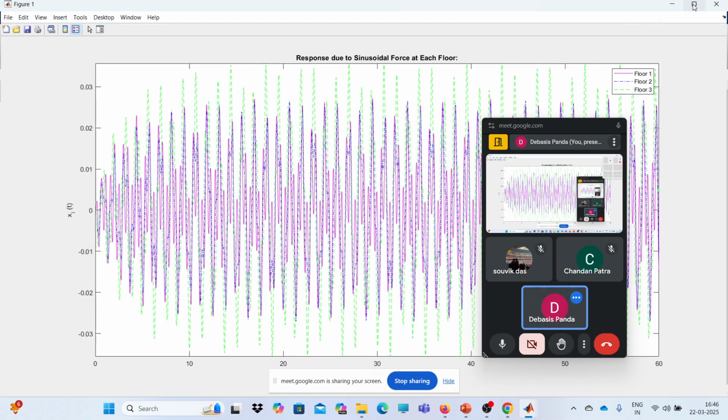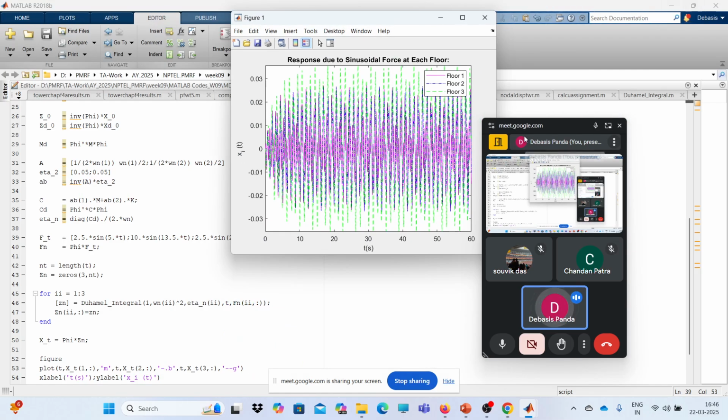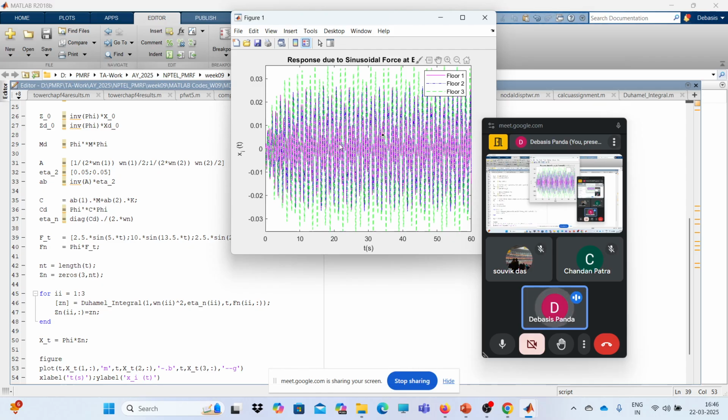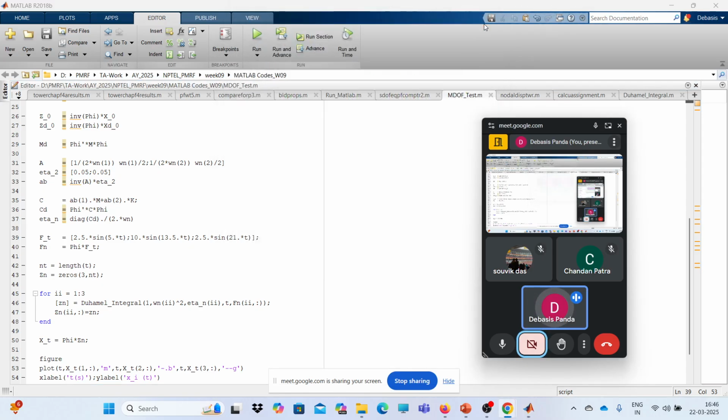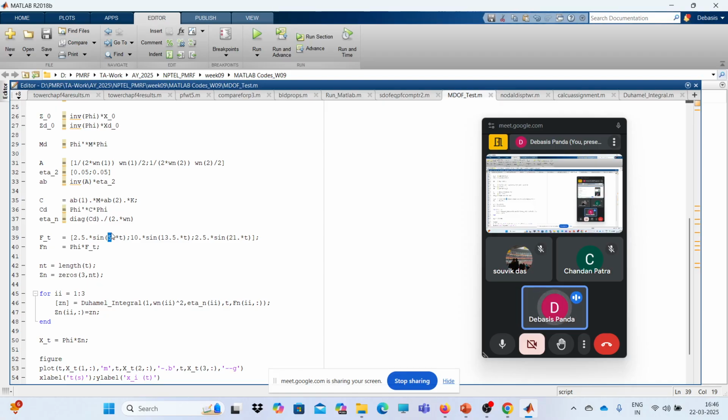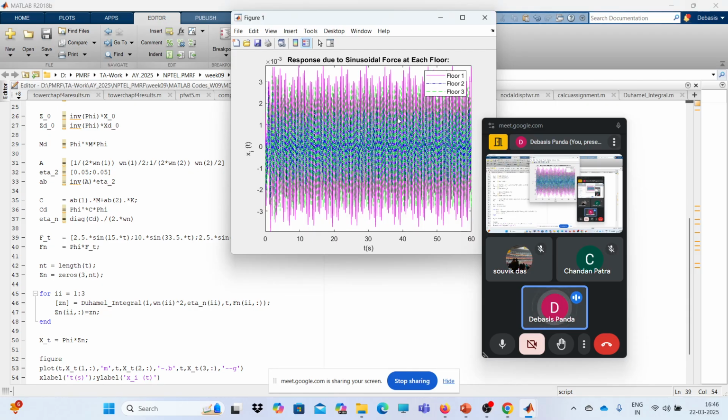So that's why we need to take care of the resonant frequency, because the maximum responses will occur at those frequencies. Now, if we increase the forcing frequency higher, you will see that the responses will again come down. Say instead of 5, if I put 15 over here, instead of 13 if I put 33, and instead of 21 if I put 29, then we cross the resonance zone and again have steady state kind of responses, right?